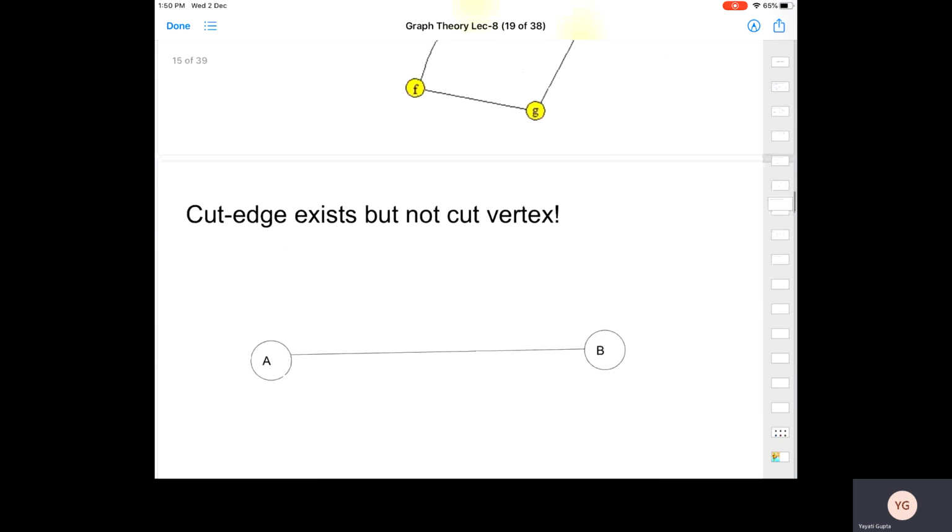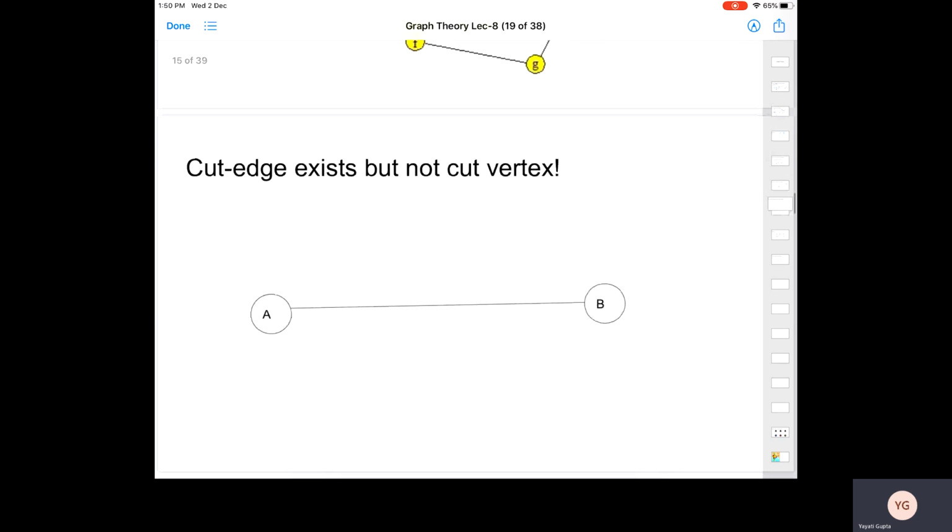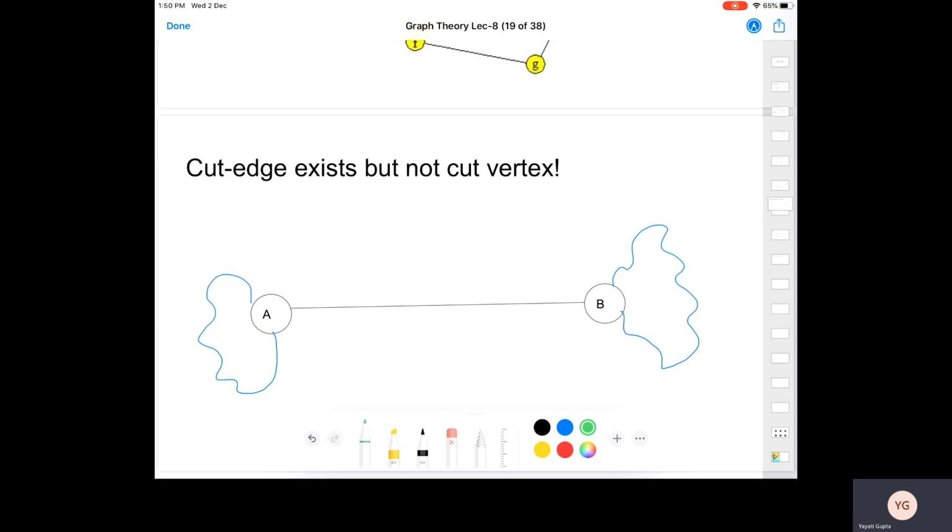Okay, can it happen that a cut edge exists in a graph, but there is no cut vertex? So here, let's say AB is a cut edge. I'll show it like this. B is connected to some portion of the graph. So this is the graph at the side of B. This is the graph at the side of A. And definitely both of these are not connected in any other way, because if they were connected, then AB wouldn't be a cut edge.